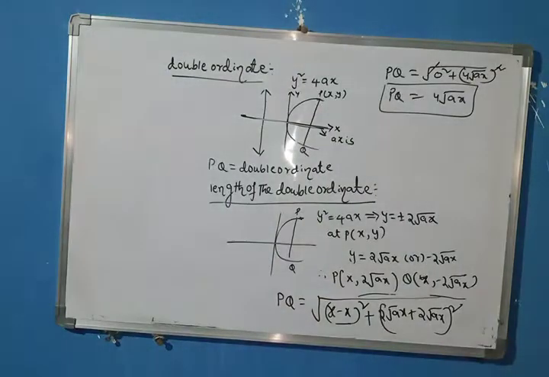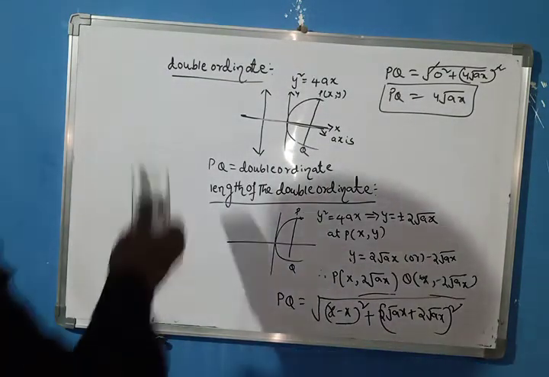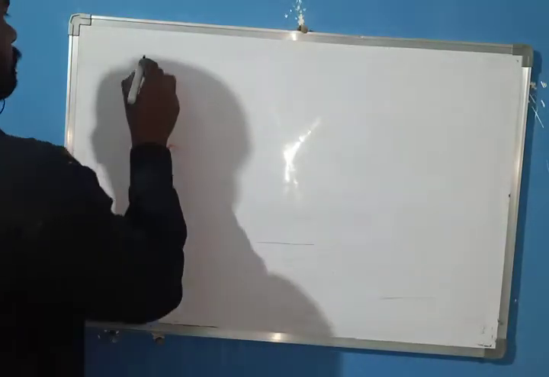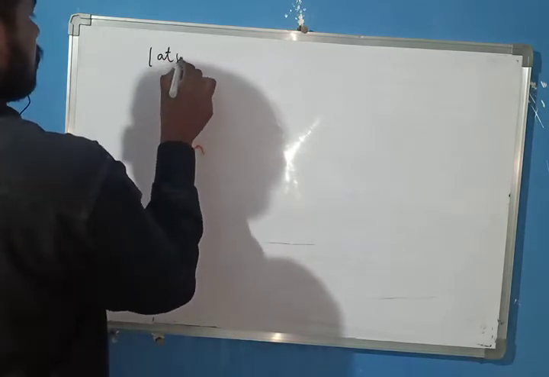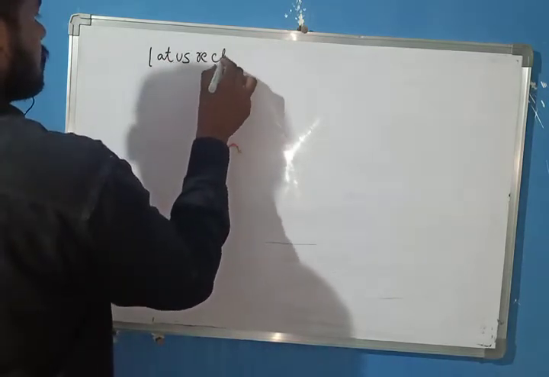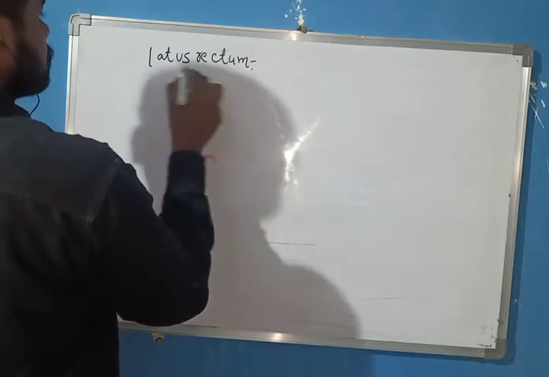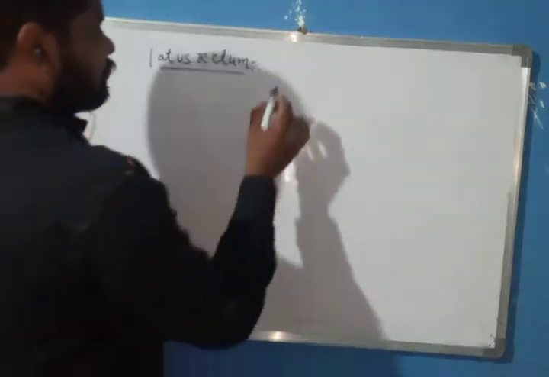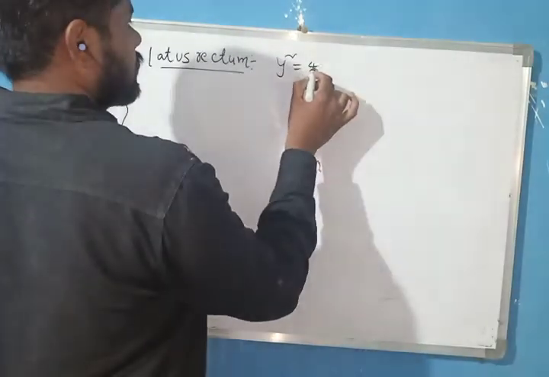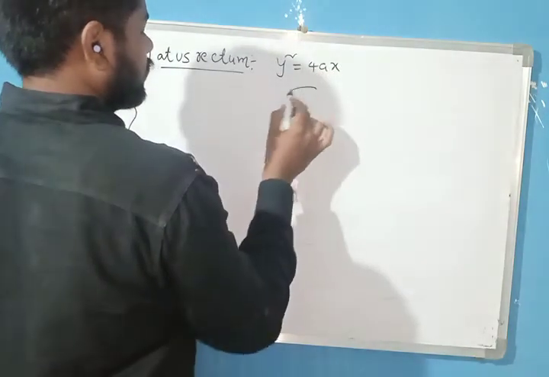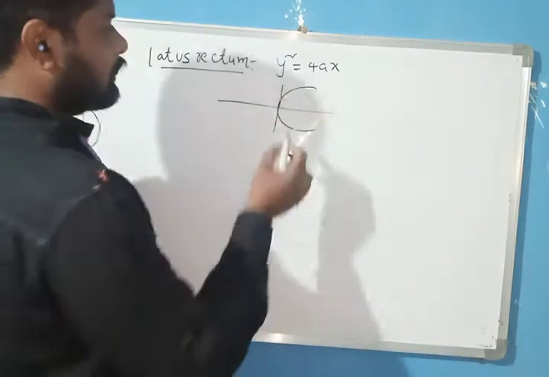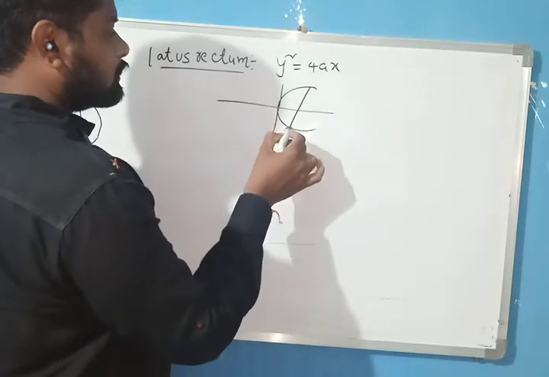Next, latus rectum. What is latus rectum? In the curve y square equal to 4ax, the line, which is nothing but the double ordinate, passes through the focus.